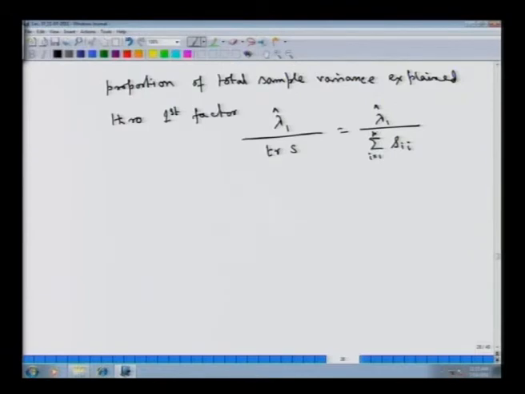In a similar way, the contribution of the first k factors can be defined.